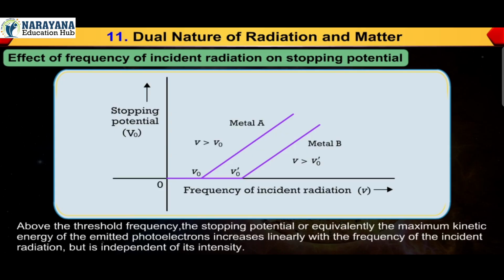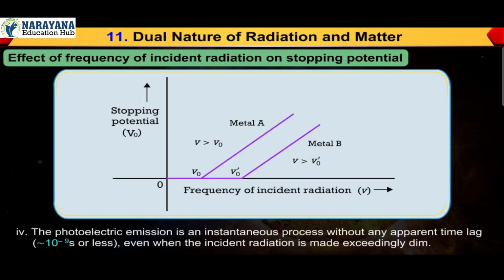Above the threshold frequency, the stopping potential or equivalently the maximum kinetic energy of the emitted photoelectrons increases linearly with the frequency of the incident radiation but is independent of its intensity. Number 4. The photoelectric emission is an instantaneous process without any apparent time lag, of the order of 10⁻⁹ second or less, even when the incident radiation is made exceedingly dim.